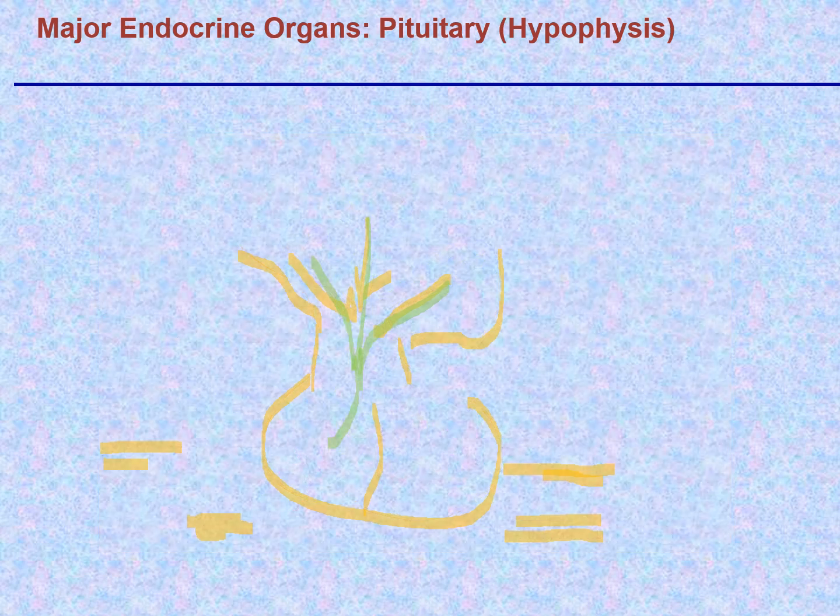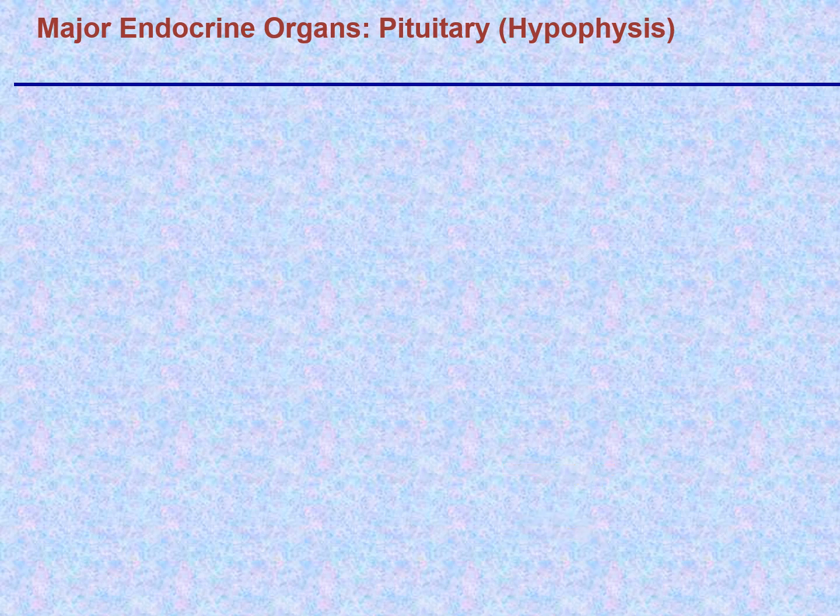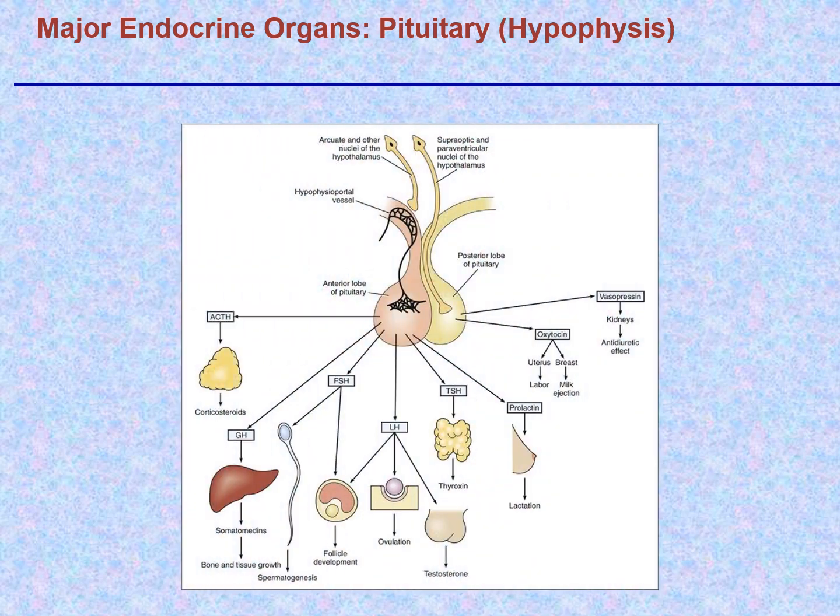Let me just remove all of this. So the hypothalamus is very important, and the pituitary gland is also, and it has two areas that have quite different functions.